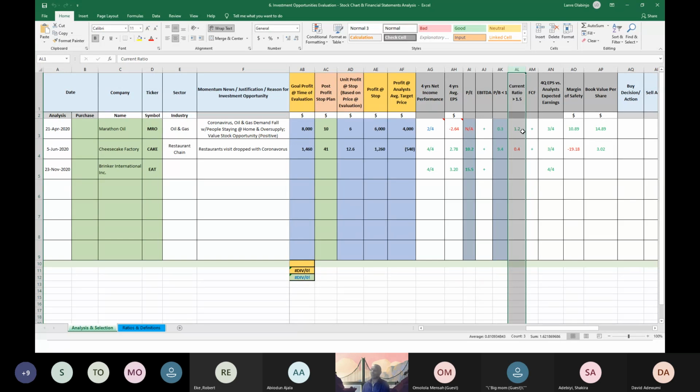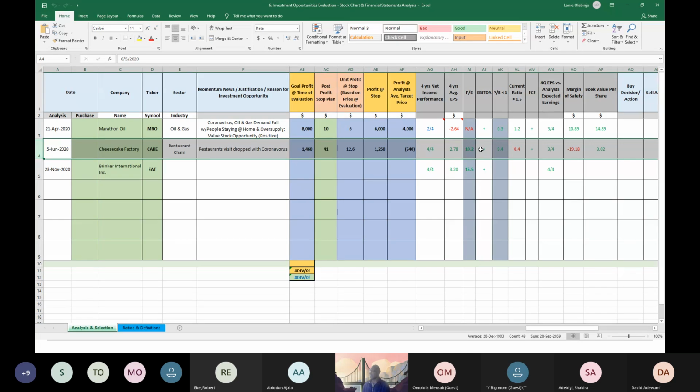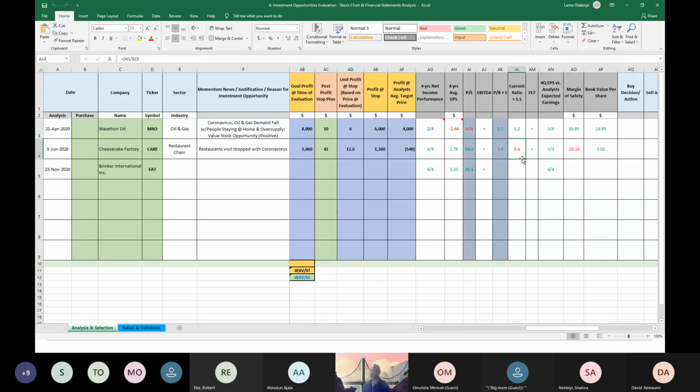Now, it doesn't mean unless you have 1.5, you don't want to invest. You want to look at more than that particular item. But one of the things that you're looking at is the current ratio. It has to be greater than 1, preferably greater than 1.5. In this example, Cheesecake Factory has a current ratio of 0.4. So if I was going to take an investment decision, I really shouldn't invest in Cheesecake Factory, at the point I gathered this number.